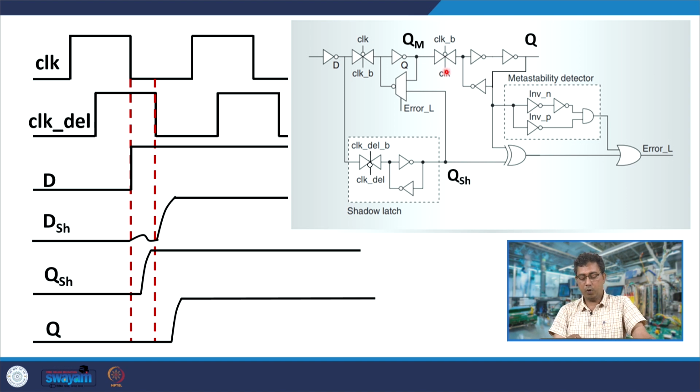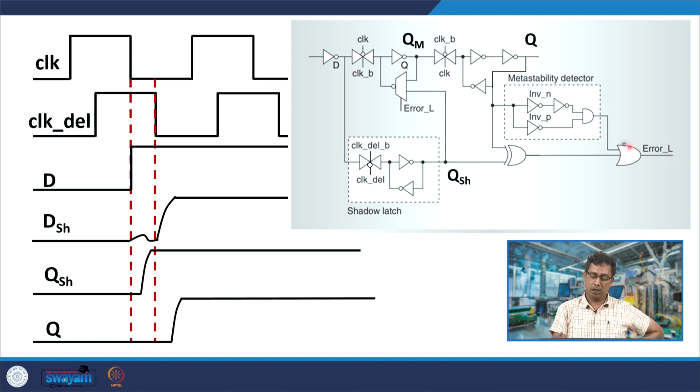And after the clock transition, the clock goes from 0 to 1, you would find that the shadow latch would become opaque, it would not conduct, the main latch would also not conduct, but the slave latch would conduct, and the data would go out here, and it would be latched to data D, and you will have the same data here, same here. So, there is no error, you will find no error here, okay.